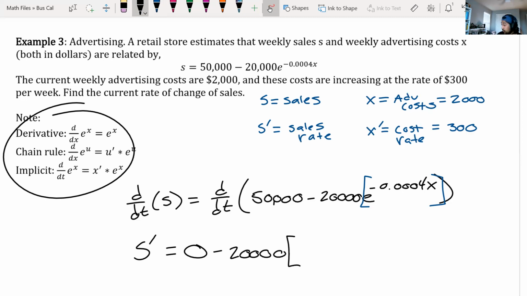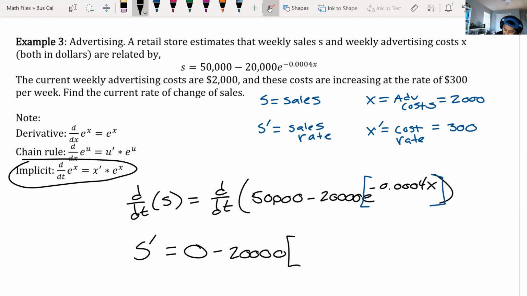We know the chain rule derivative of e to the u is e to the u times u prime. But now we are taking an implicit chain rule derivative. So we are going to apply this formula to this e function.